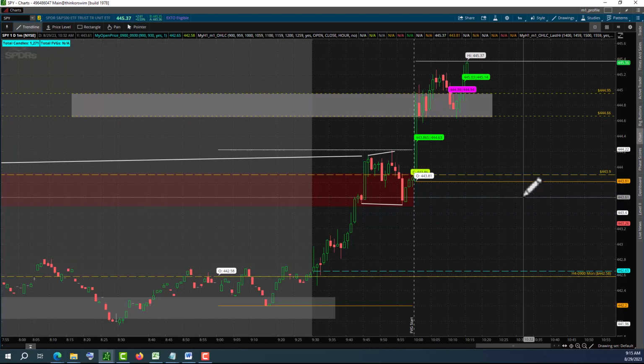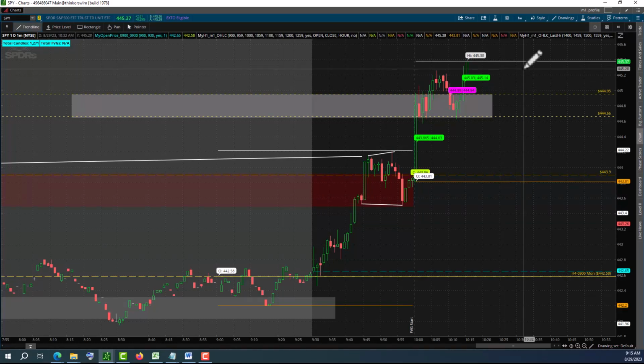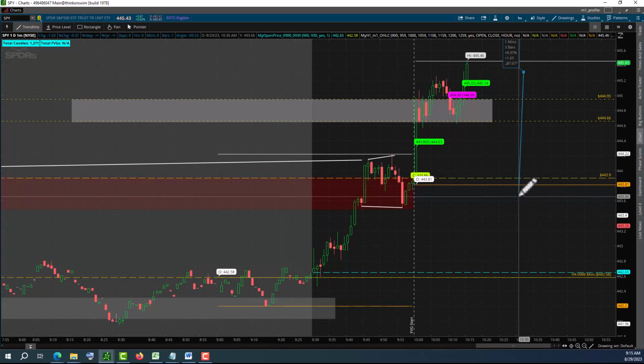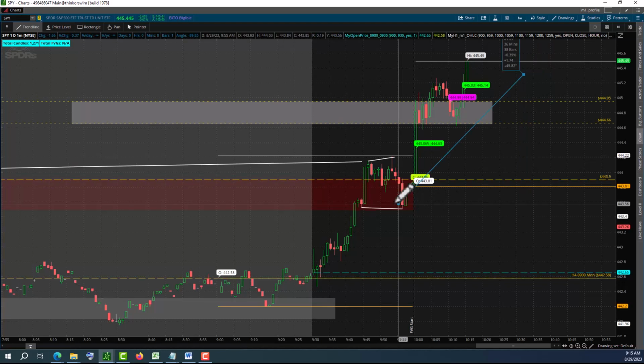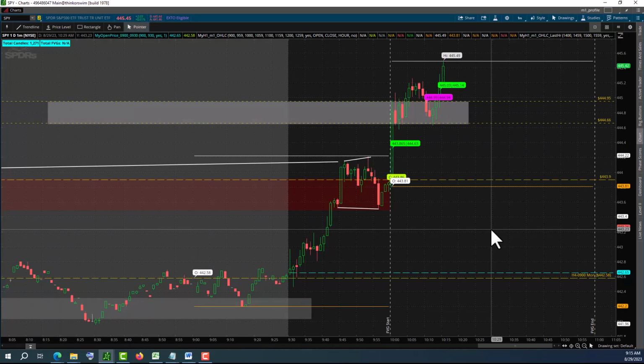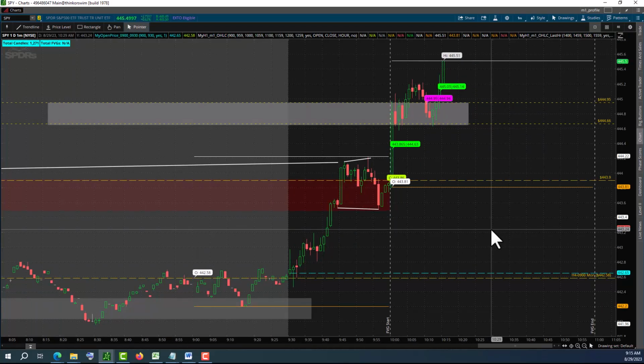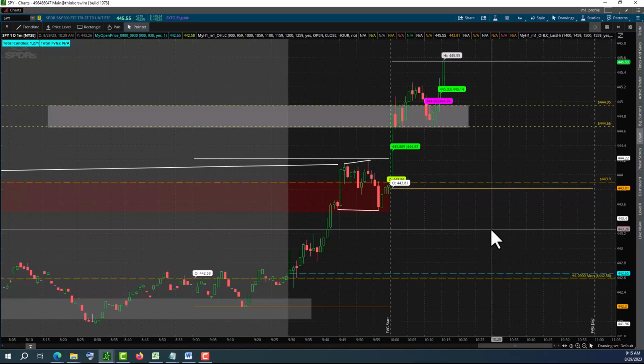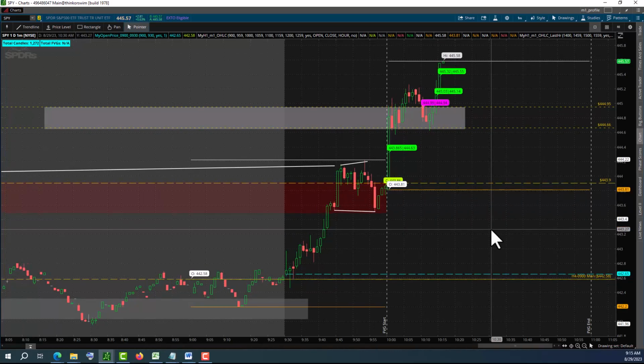Basically I'm at a 1 to 2 risk reward ratio if we decide to go long right here. We see it may go to 446.79, 444.